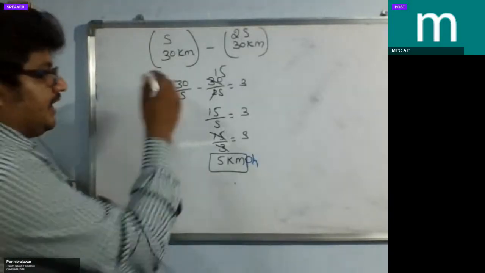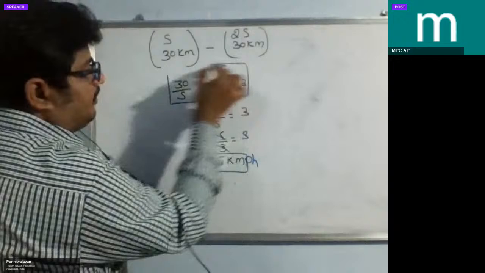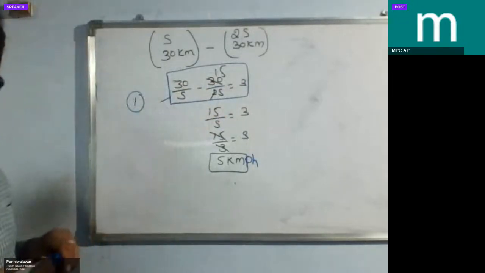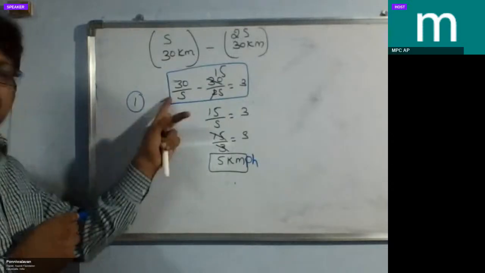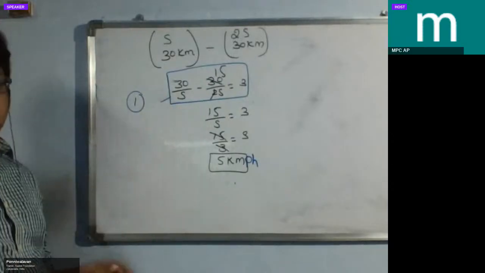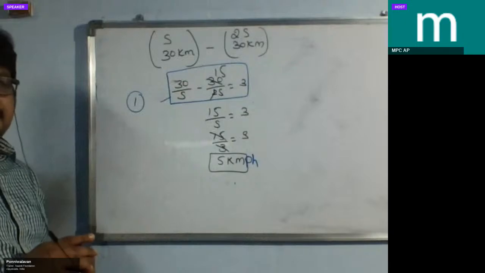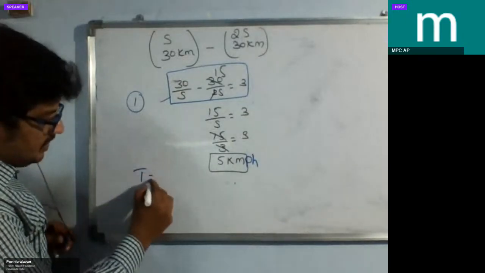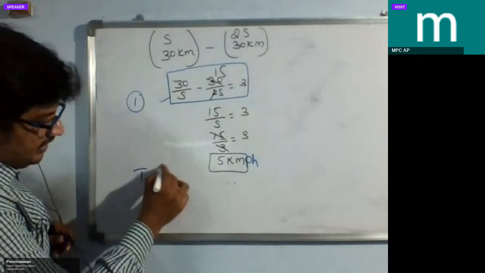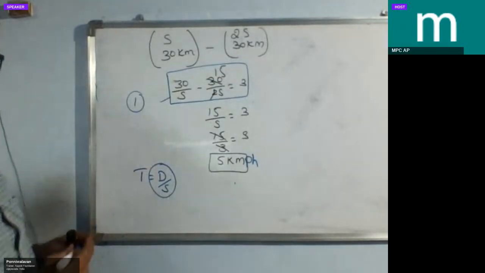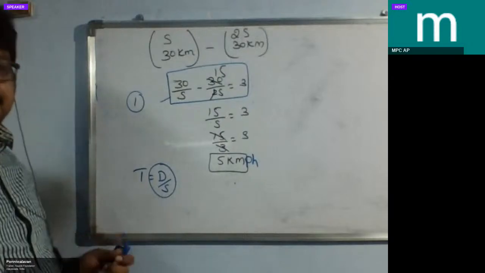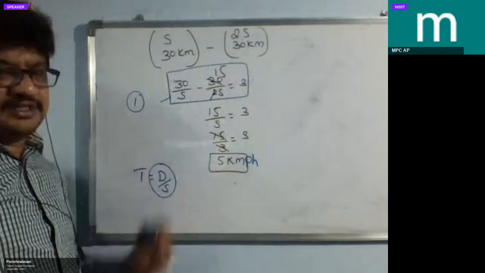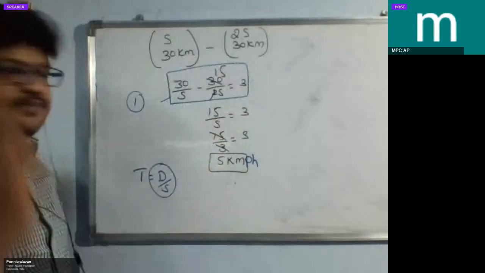Are you able to get this equation? If you are able to get this equation, then it is very easy. This is a very important thing, so always keep it in your mind: time is equal to distance by speed. If you get this, it is a very simple question. Just check only 2 steps.